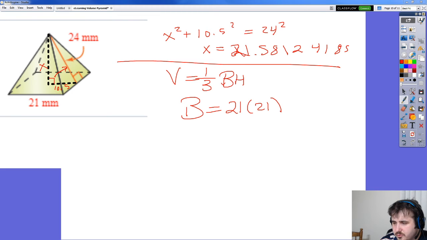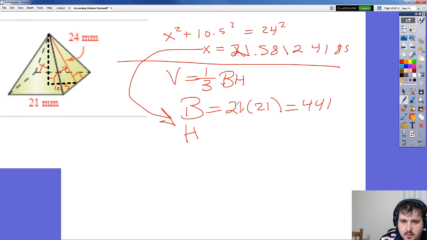What's 21 times 21? 441, I think, right? Hey, 441. And then the height is this thing, right? This is the height. That. So, it might be ugly, but we're already done. So don't trip about it too hard.